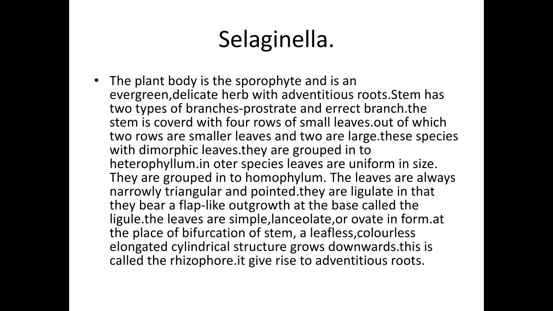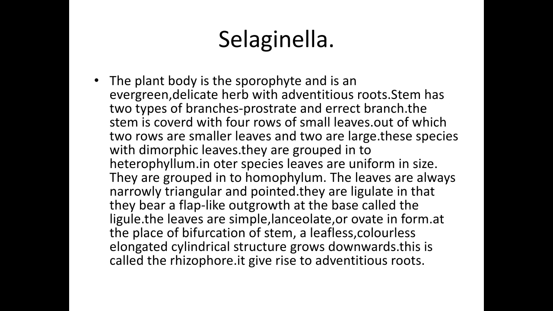This species has dimorphic leaves, two different sizes of leaves present on the main stem, and such type of species of Selaginella is known as dimorphic arrangement. They are grouped as heterophyllous.